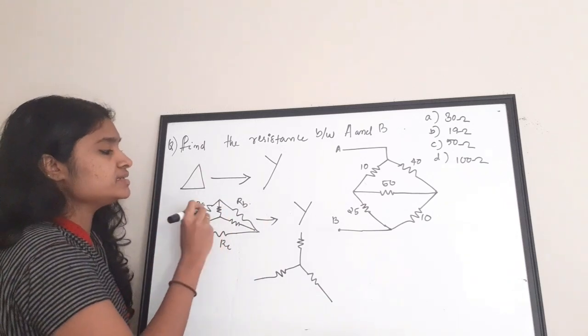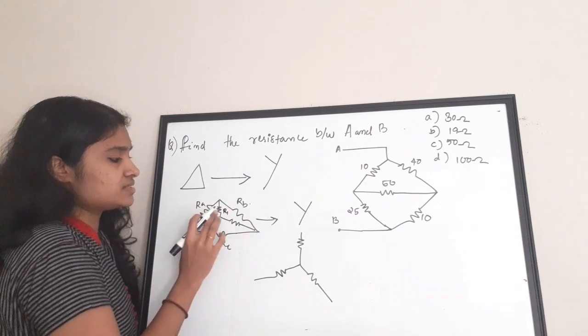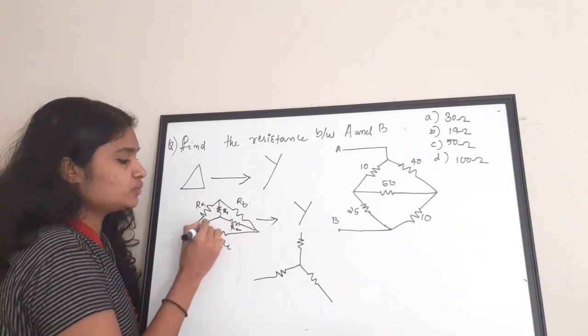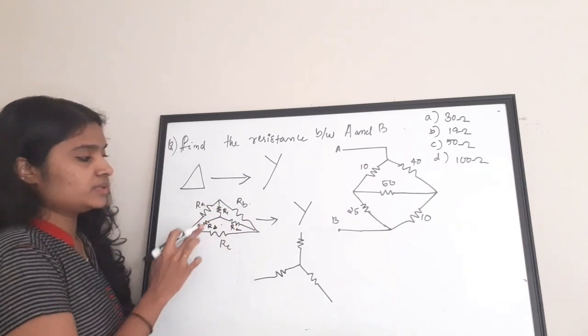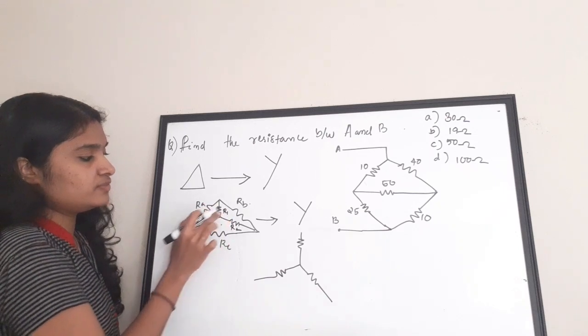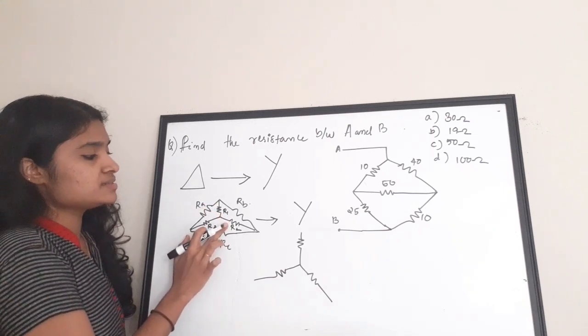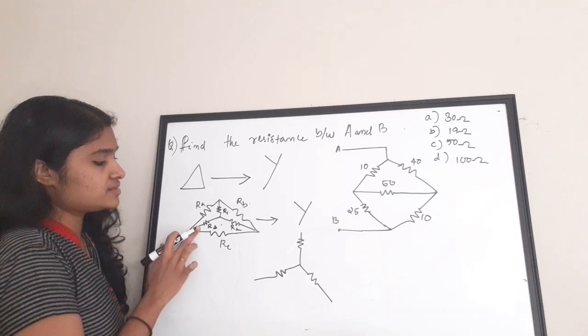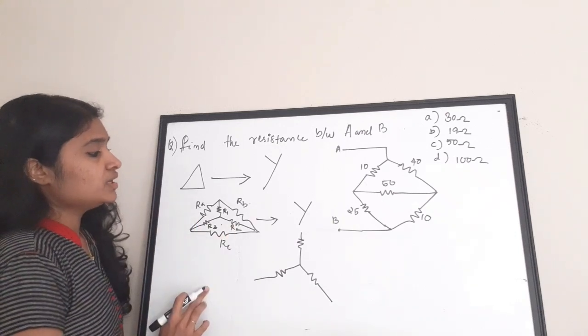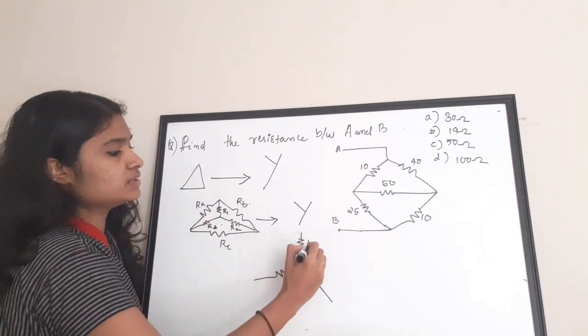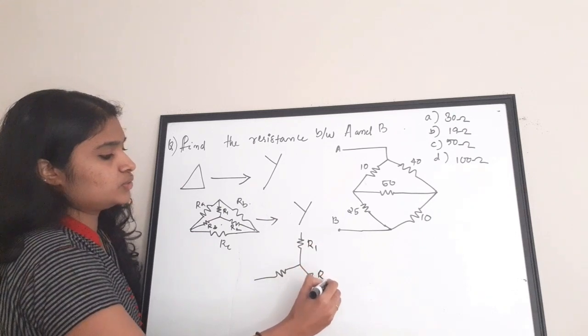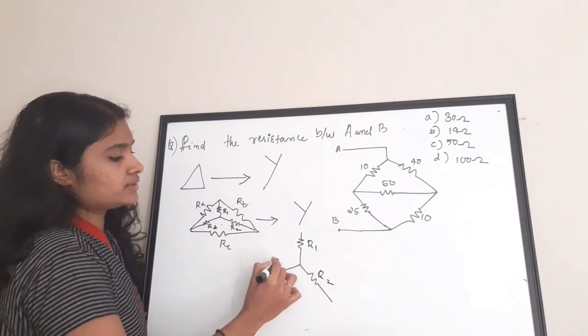you can replace it as a Y network, provided the values of the resistors, let these be R1, R2 and R3. The value of this resistor I have taken as R1, this resistor as R2 and this resistor as R3. I'm going to draw it here. This is R1, this is R2 and this is R3.